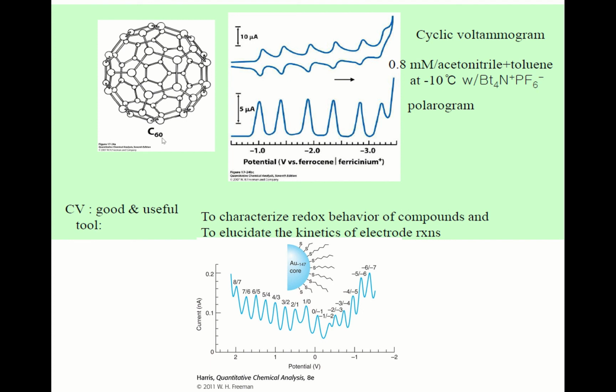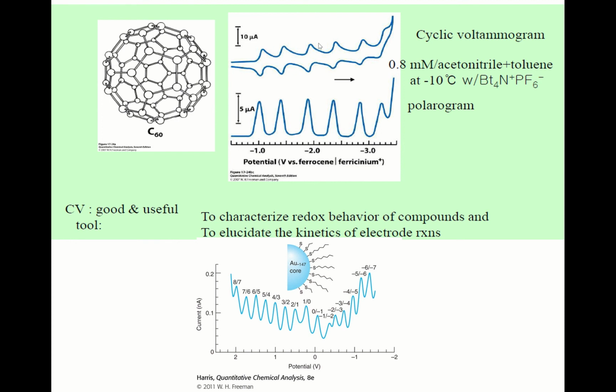It can take 6 electrons maximum. If you push more electrons into this molecule, then this bond will be broken. So maximum 6 electrons this molecule takes. And very interestingly, the 6 electrons come to this molecule one by one.